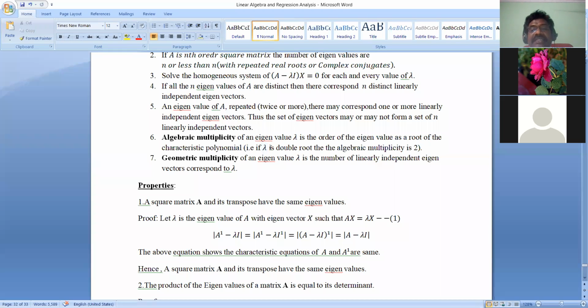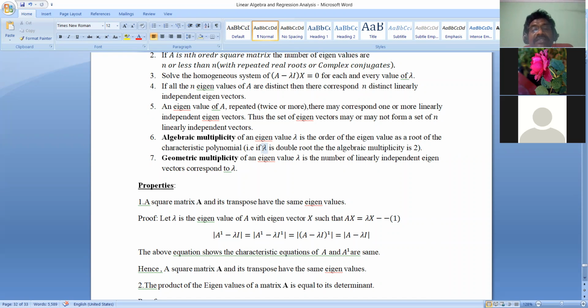If lambda is a root of the given equation 2 times, that means a double root, then the algebraic multiplicity is 2. If it occurs 3 times repeatedly, then the algebraic multiplicity is 3.